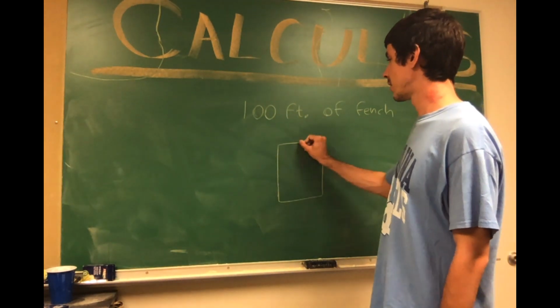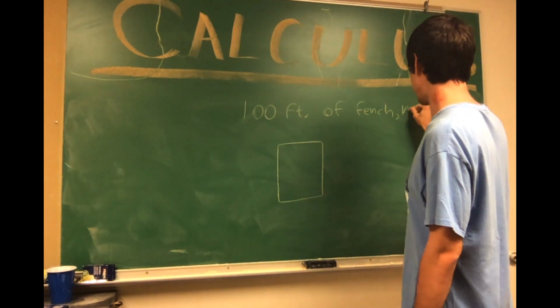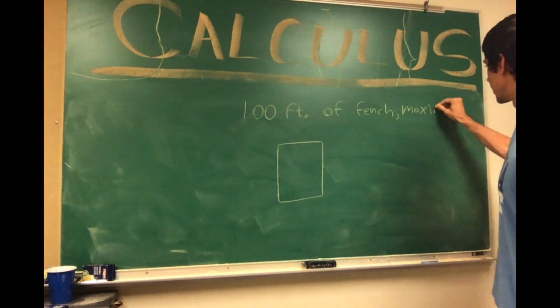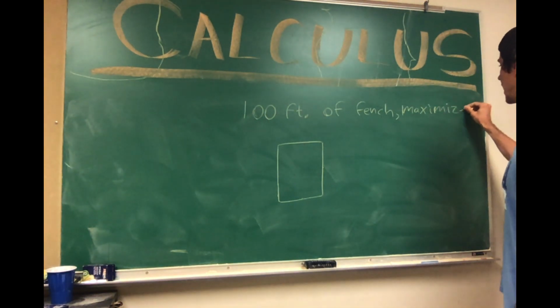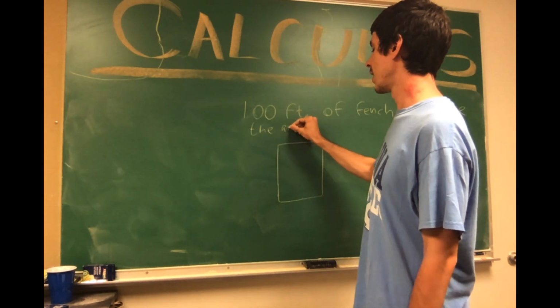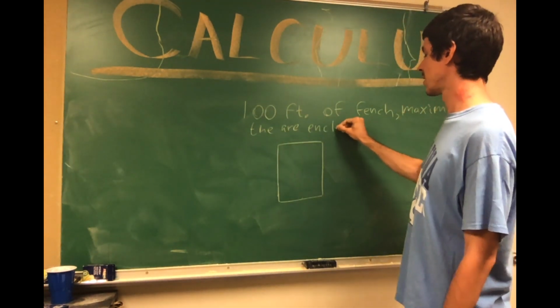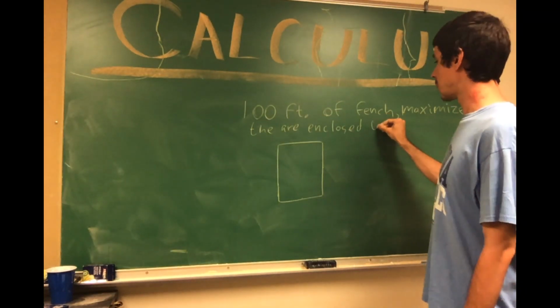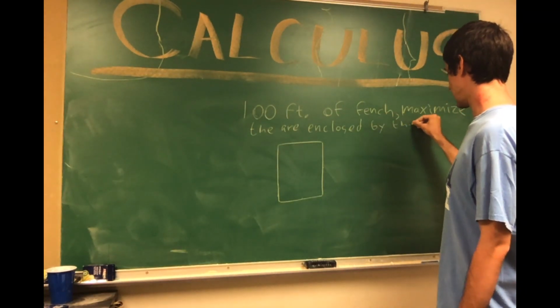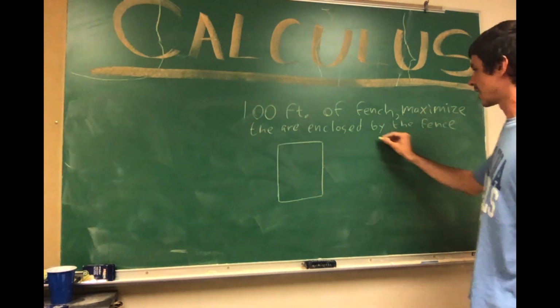So with 100 feet of fence, this is what the farmer wants to do: maximize the area enclosed by the fence in a rectangle.